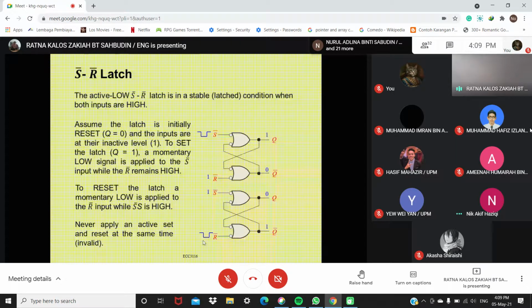So never apply an active set and reset at the same time. You cannot do that, because it becomes invalid. Okay, so this is for S bar, R bar latch. There is a bubble at the input of OR gate.